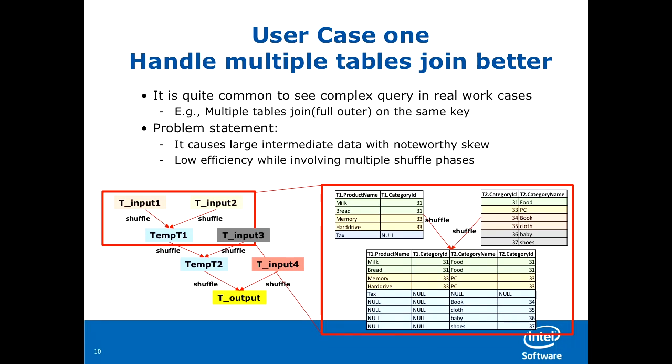So one of the problems, I gave you an example on the right side. In these 2 tables, we do a full outer join. One example here is that a full outer join can sometimes generate a lot of unbalanced data. Here you can see that in some cases it generates a lot of nulls.